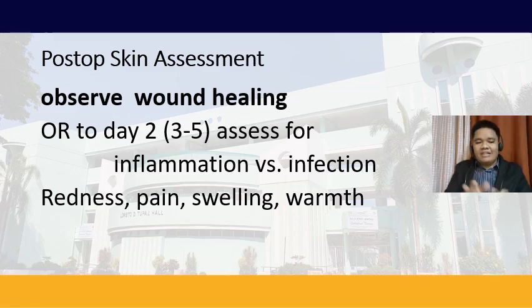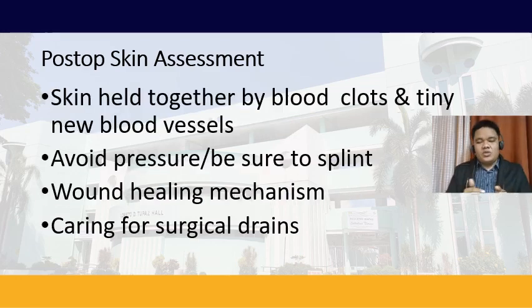Take note that a reddish wound is expected, especially on the first 2 days post-operatively. However, if this wound starts to become smelly, starts to produce pus, you need to be mindful of the presence of infection. Other than that, you need to note that the skin is held together by blood clots and tiny new blood vessels. That's why pressure is avoided, and you need to make sure that splinting is done whenever your patient will be exerting effort towards the suture site.